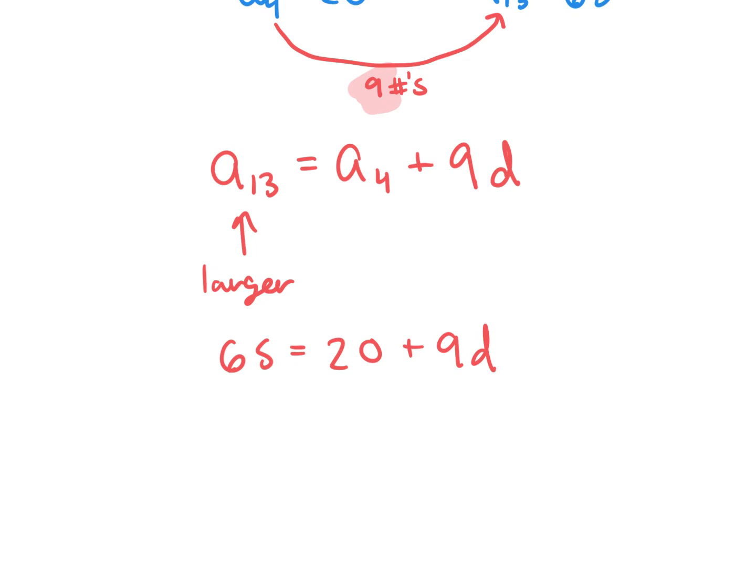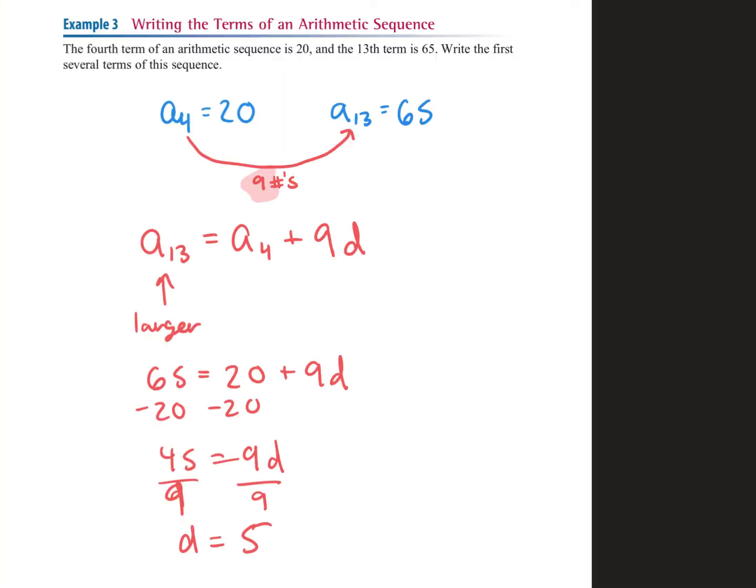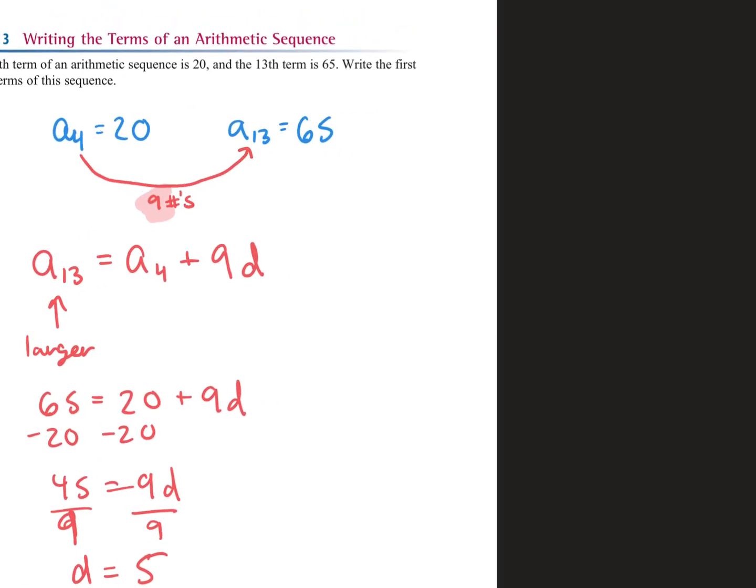Then we just solve for d. What do I need to do first? Minus 20. So 45 is equal to 9d. Divide by 9. So d is equal to 5. So 5 is our common difference. Since we're given a sub 4, if I set up a little table here, my fourth term is 20.